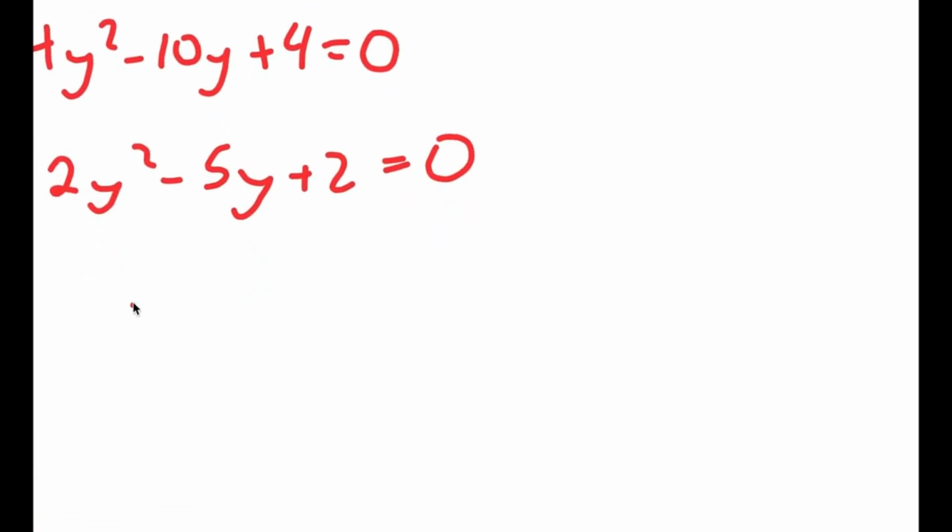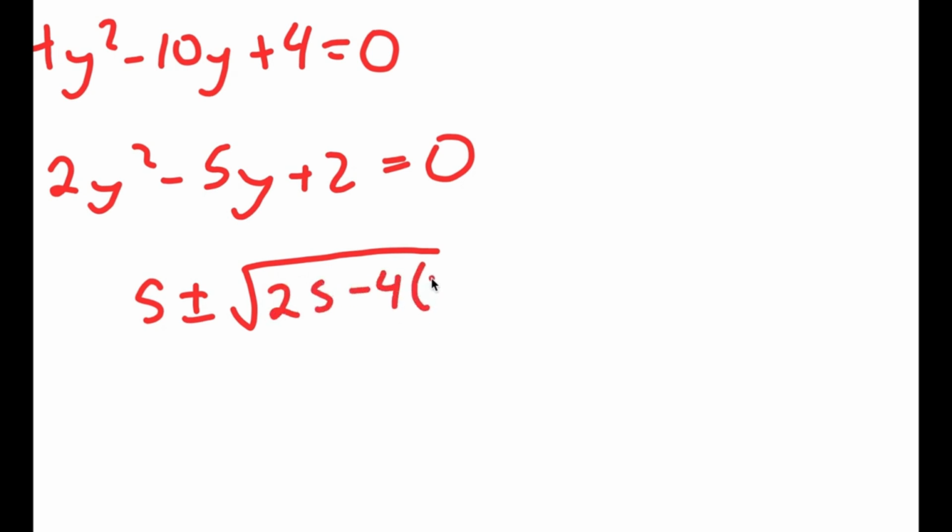So you get negative negative 5, so positive 5, plus or minus the square root of b squared, so negative 5 squared, which is 25, minus 4 times a, which is 2, times c, which is 2, all over 2a.